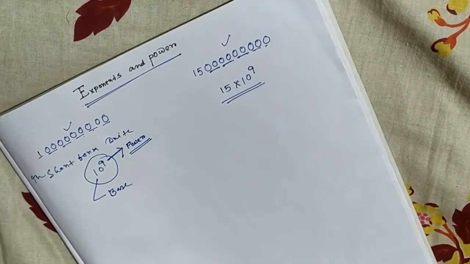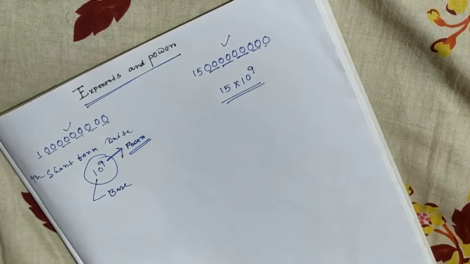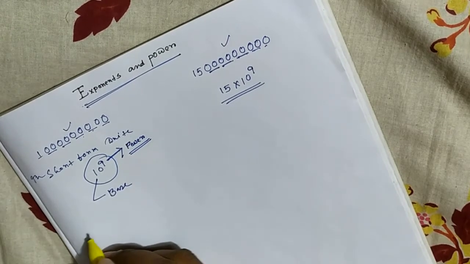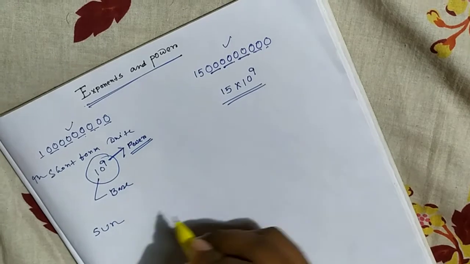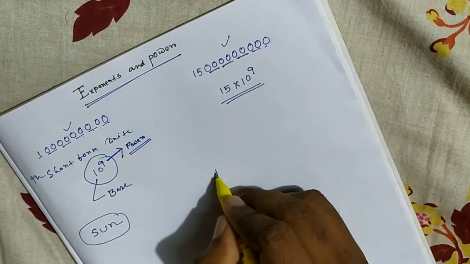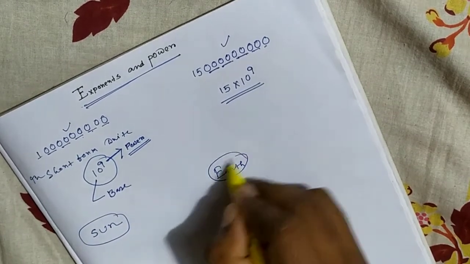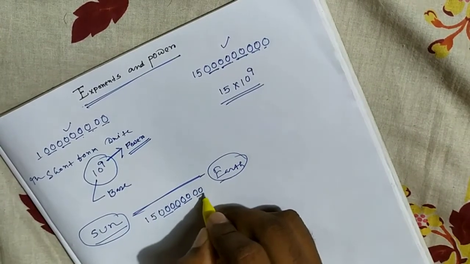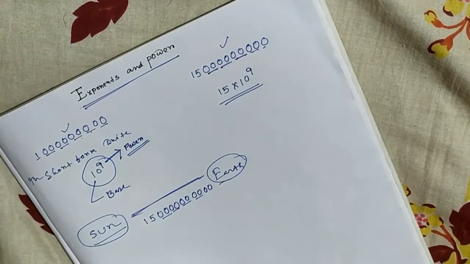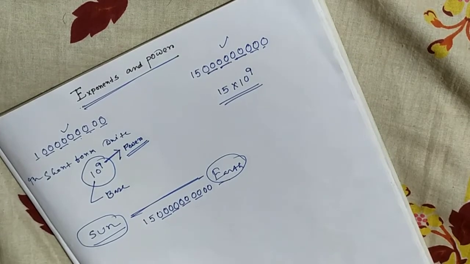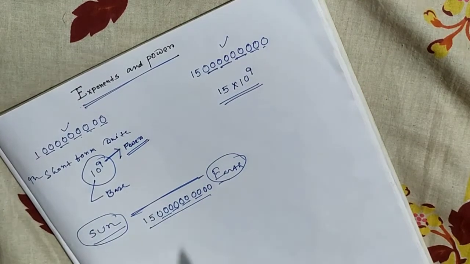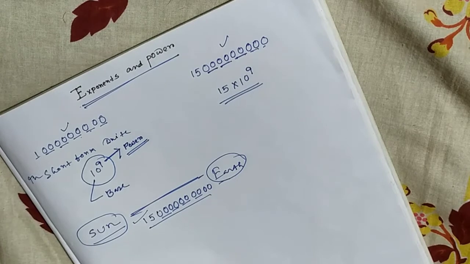Did you know that the approximate distance between Sun and Earth is, here is the Sun and here is the Earth. This is very difficult to read, this large number.